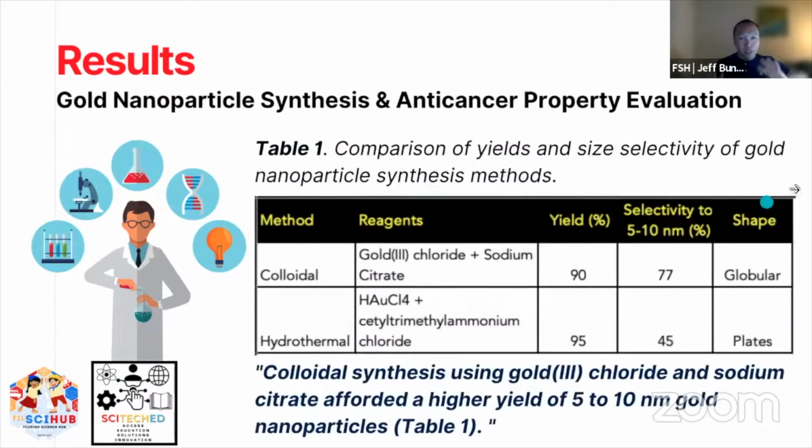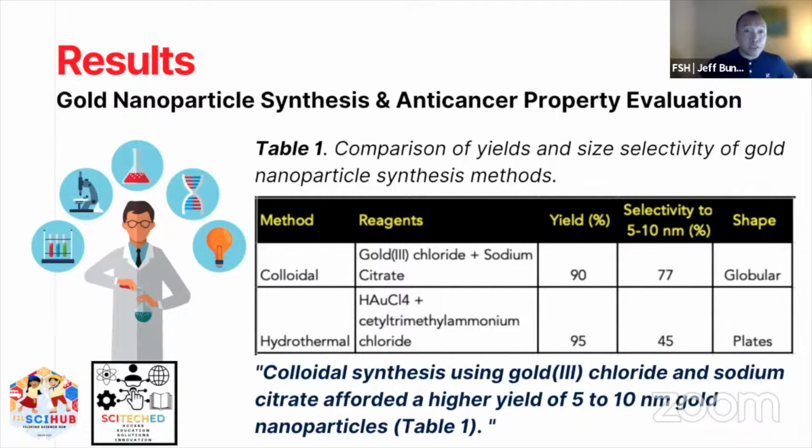Alright? Okay, so ito again, dun sa example natin, we're synthesizing gold nanoparticles. So yung unang aspect na tinackle natin is, can we come up with a new synthesis method that will make it cheap? For example, here what I am showing you is a tabulated comparison of yields and the selectivity of the sizes of gold nanoparticles that were formed depending on the synthesis method.